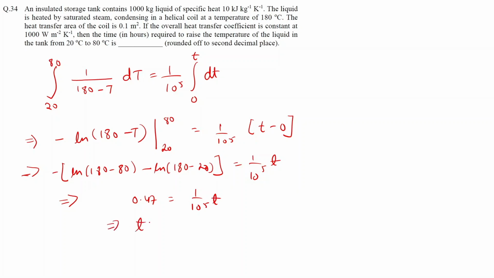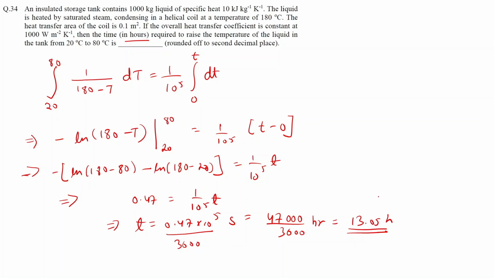So time will become 0.47 into 10 raised to 5. This will be in seconds, and you need to divide it by 3600 since we have been asked to find the final answer in hours. This will become 47,000 over 3600, and the final answer will come to somewhere around 13.05 hours.